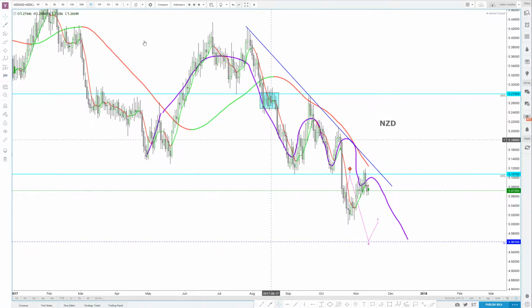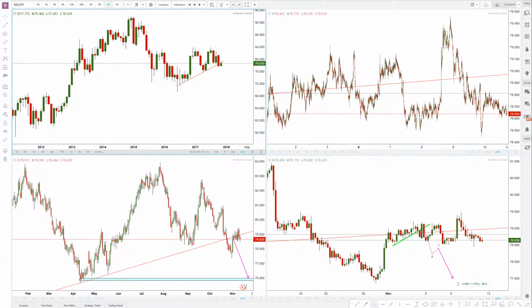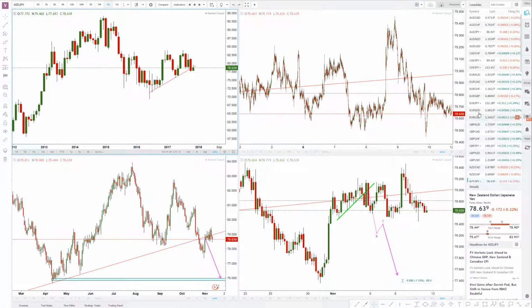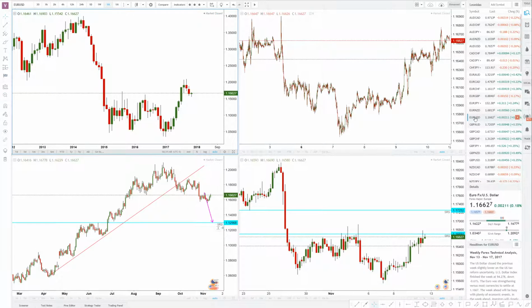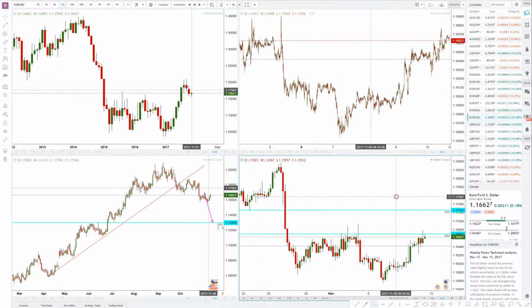So now let's look at some of the pairs from last week that we were talking about. So we said that EU was bearish on EU last week. We kind of move up from last week, the 5th, right?